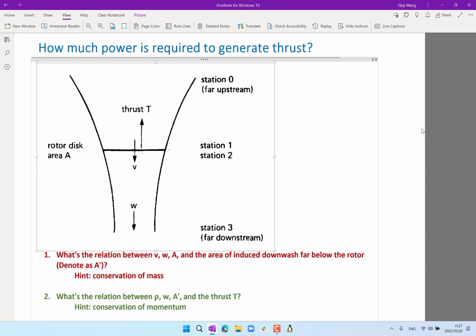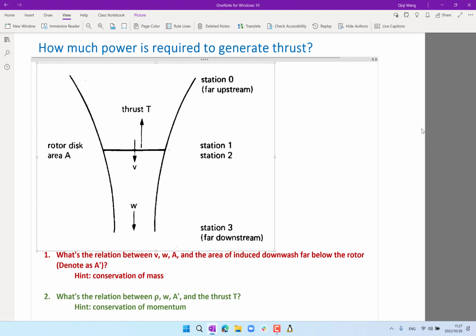Essentially, the assumption is, okay, when the air is at infinity, the velocity is 0, right? The helicopter is hovering, and this blade disk essentially needs to suck air from 0 velocity to this point. At this point, the air gets sucked down with a velocity of v.